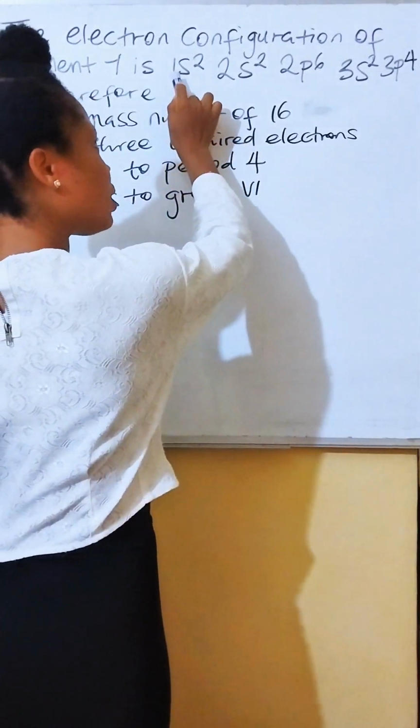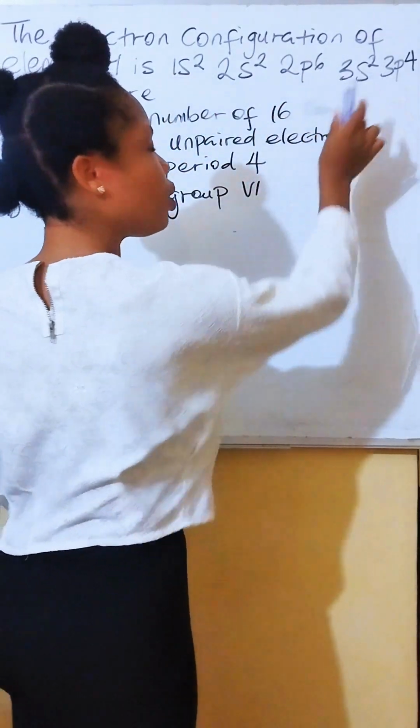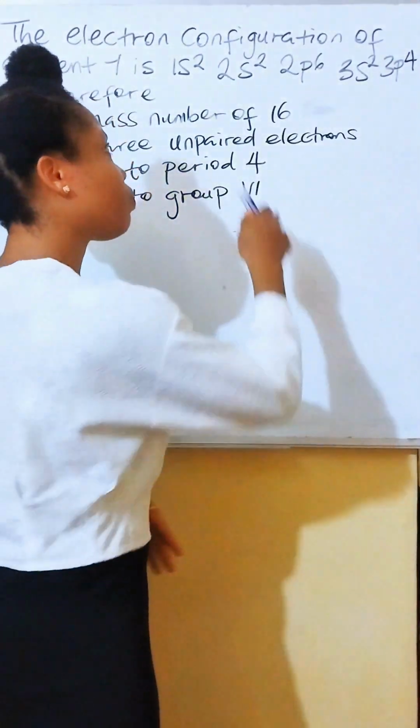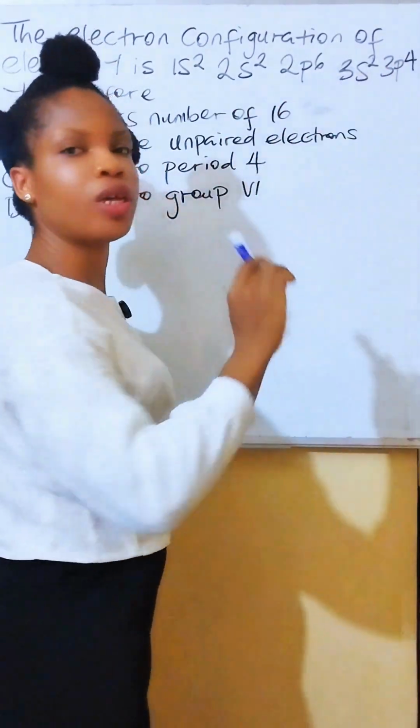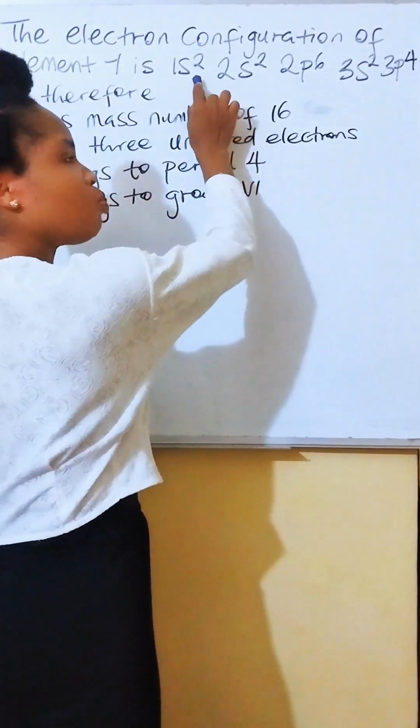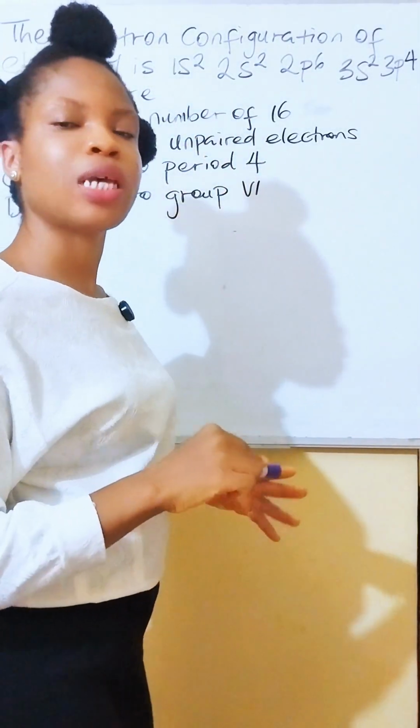Then these numbers here, 1, 2, 2, 3, 3, are the principal quantum numbers, which show the energy levels of each of these orbitals. Okay, so with this being said, we distribute these electrons using the atomic number.